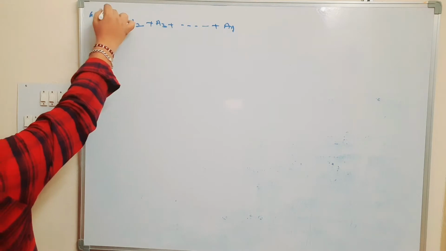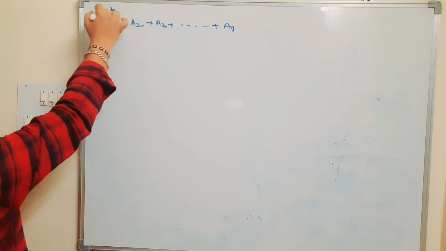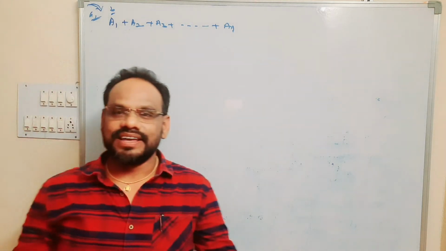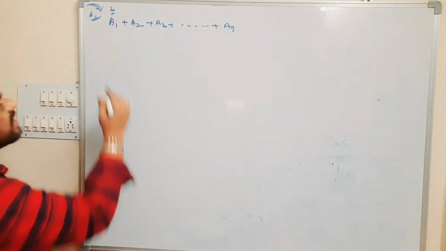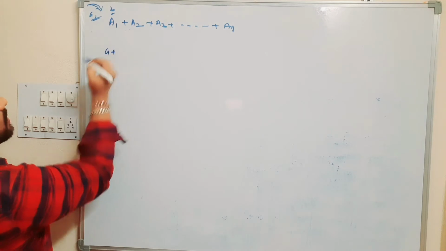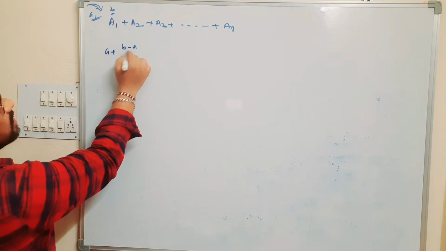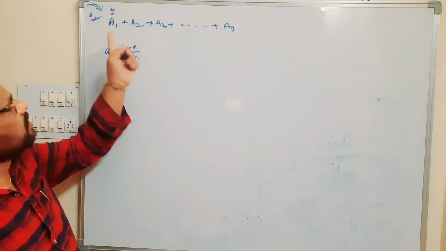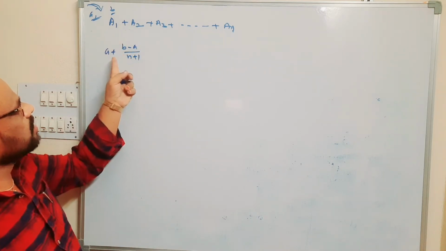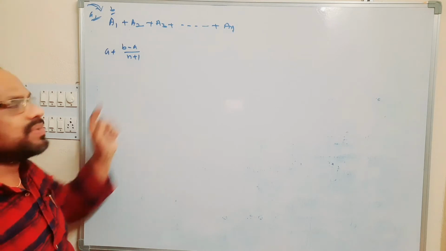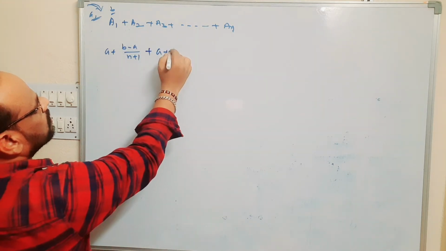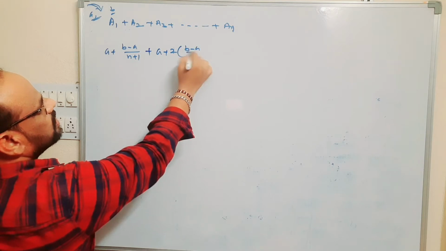If n AMs are inserted between a and b, what is their sum? We know that a1 is nothing but a plus (b minus a) by (n plus 1). a1 is equal to a plus (b minus a) by (n plus 1). a2 value is a plus 2 times (b minus a) by (n plus 1).